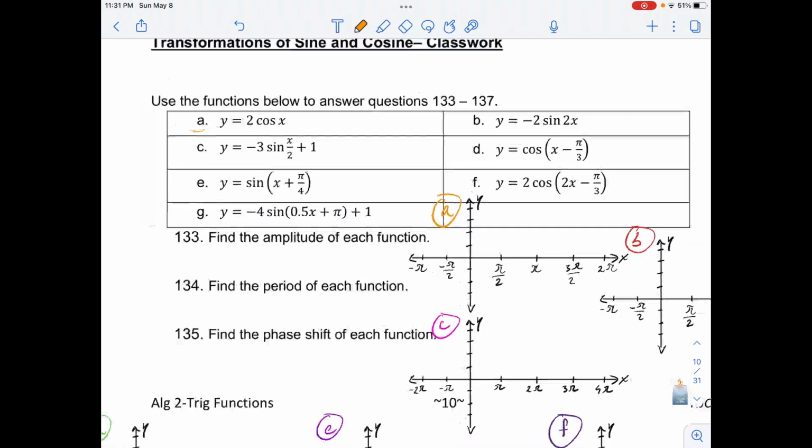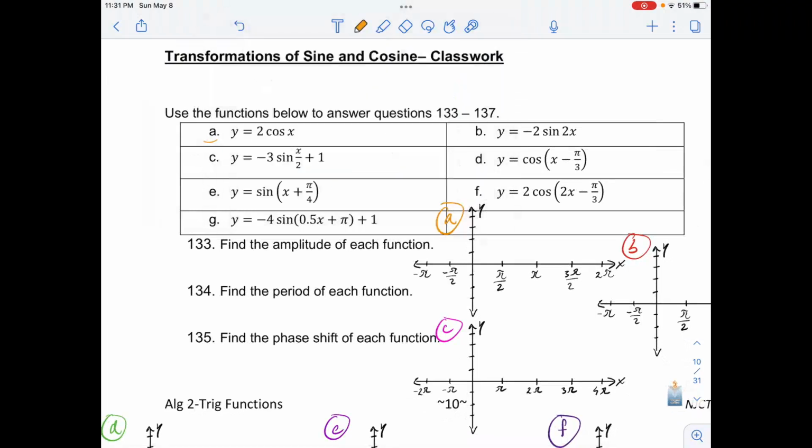So cos x, let's just get two graphs as baselines for cosine and sine. So for sine of x, we have that it starts at the origin, goes to a maximum, goes back to 0, and then gets a minimum at 3 pi over 2. This is 2 pi.